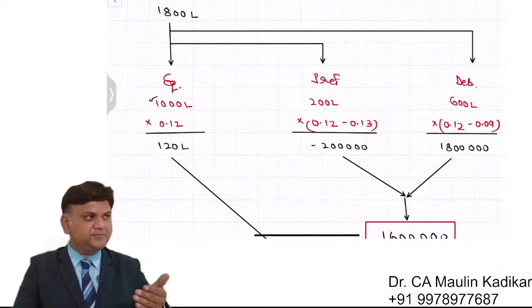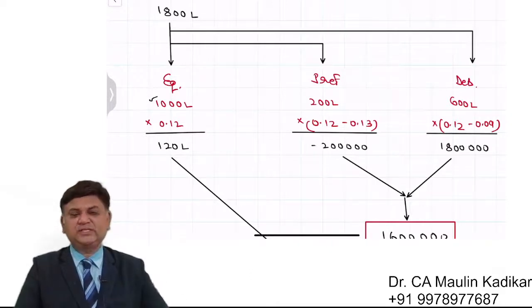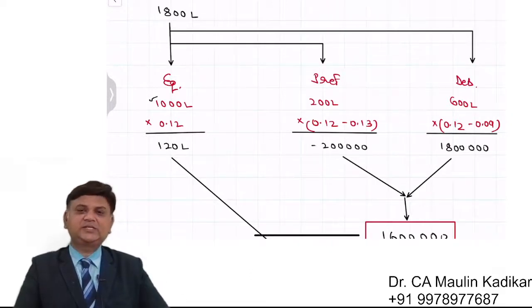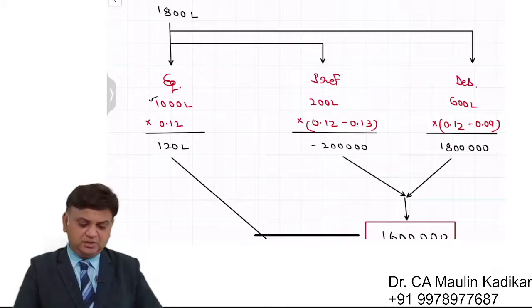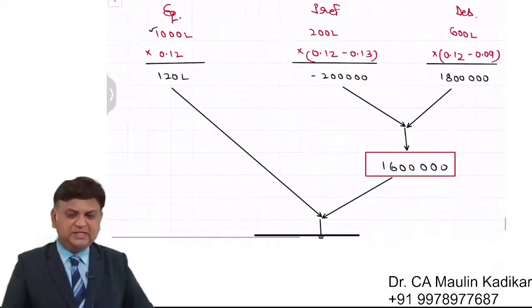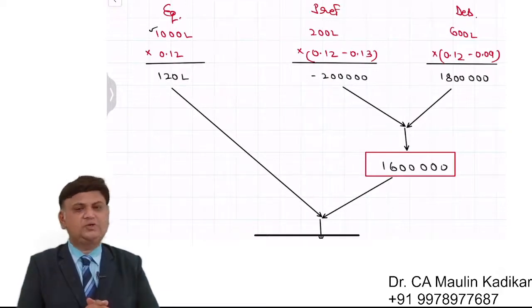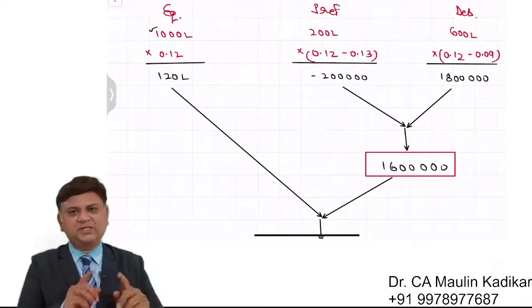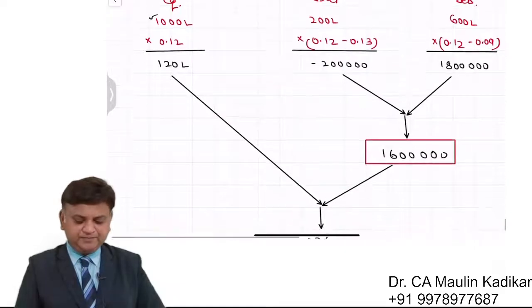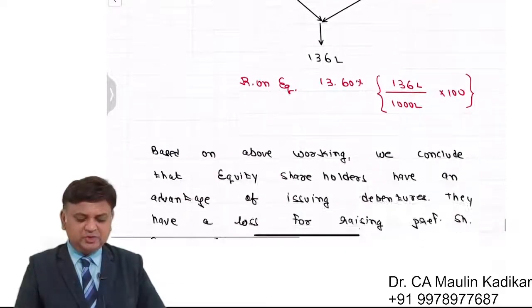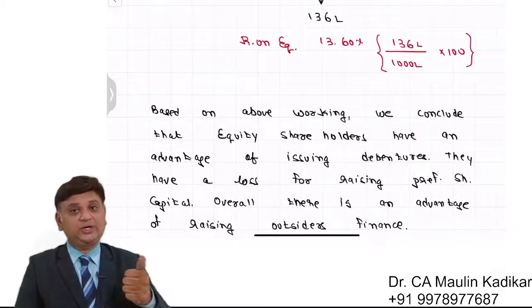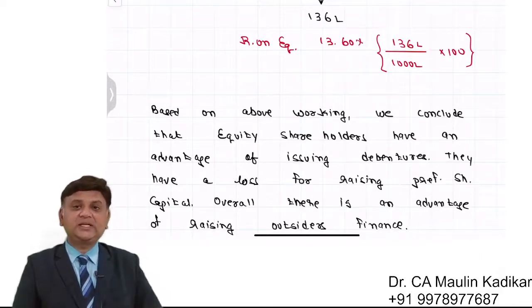What is your cost? In case of the preference share, it is 13%, and in case of debentures, it is 9%. So basically, there is a surplus due to debentures and there is a loss due to preference share. Overall, there is a surplus of 16 lakhs, and that contributes to the increase in the return to equity shareholders, and it increases to 13.6%.